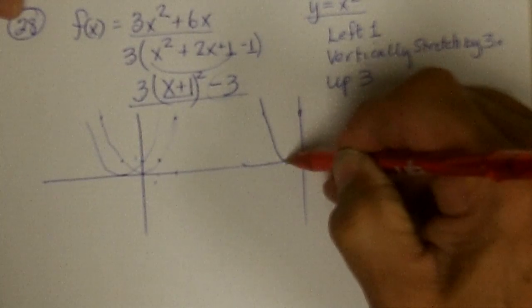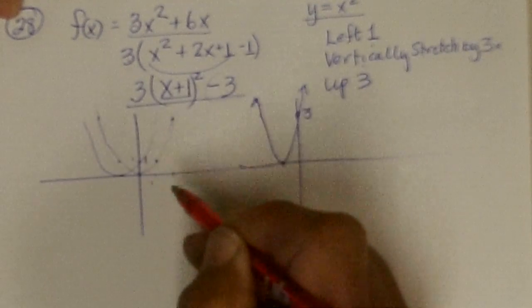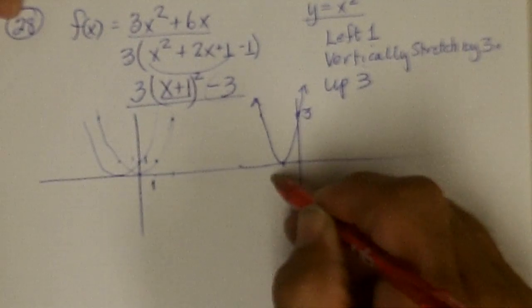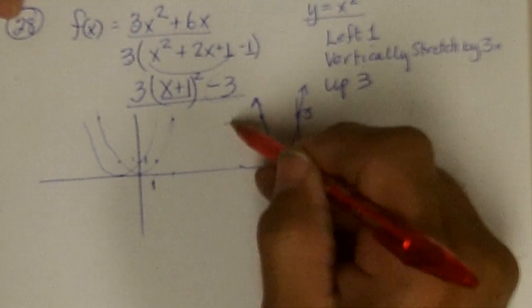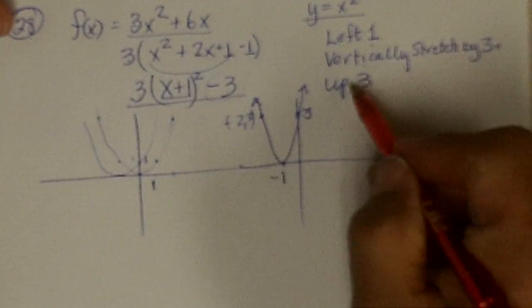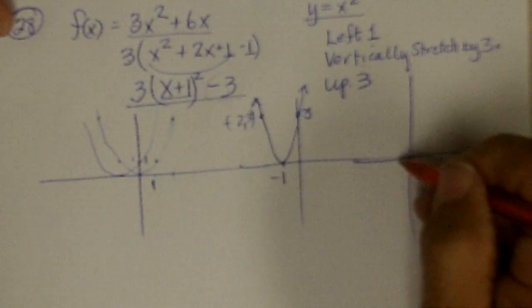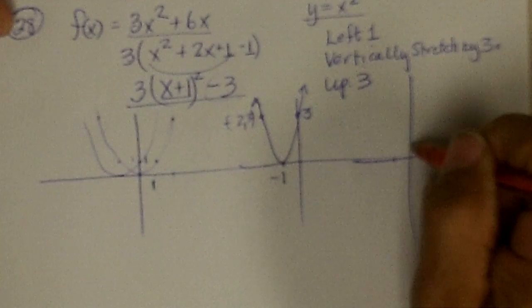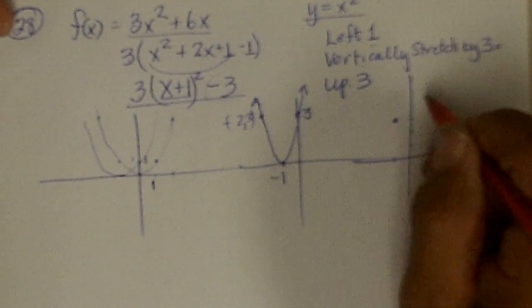So that's vertically stretched. And I need to put some units on here. So now you can see where it goes. This is minus 2, 3. And then up 3. So then this one would go at minus 1. It would go up 3. So the vertex would be there.